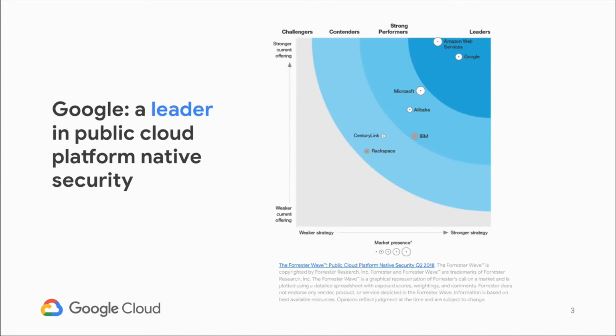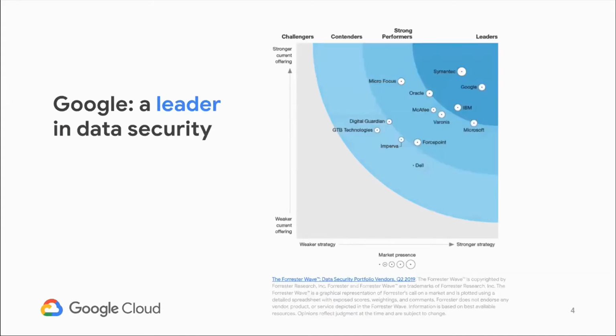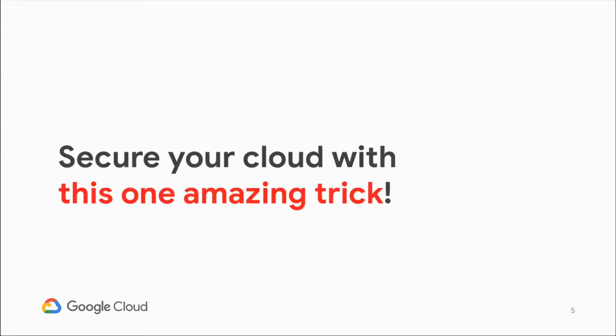For example, Google Cloud was named a leader in the Forrester Public Cloud Platform Native Security Wave, and it was also recently named a leader in their Data Security Portfolio Vendors Wave. So when I tell you that we take security seriously and that we have a track record of innovating in security, you don't have to take my word for it. Our customers and analysts out there recognize our efforts in this space.